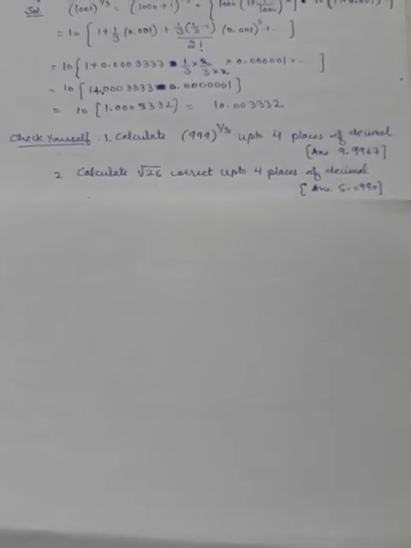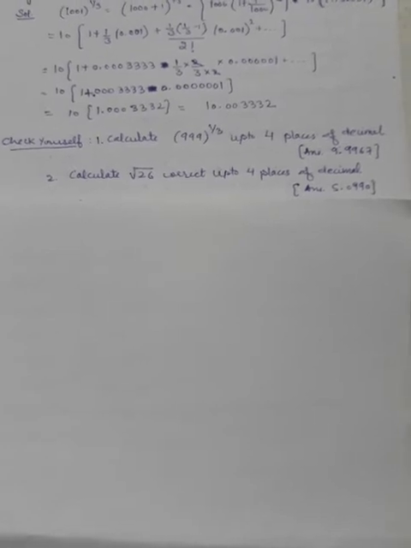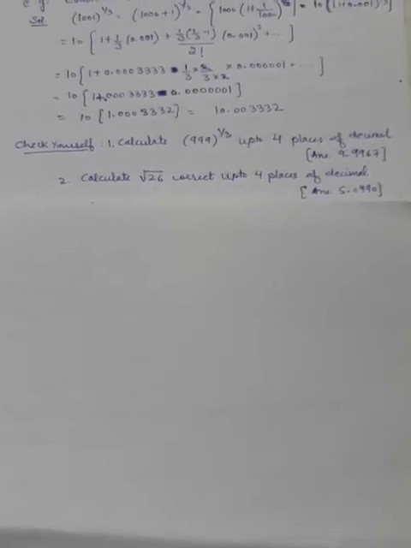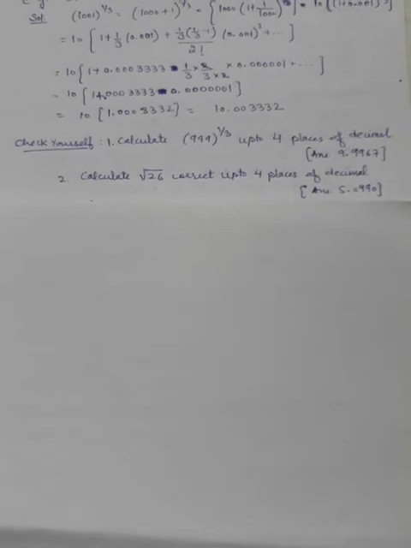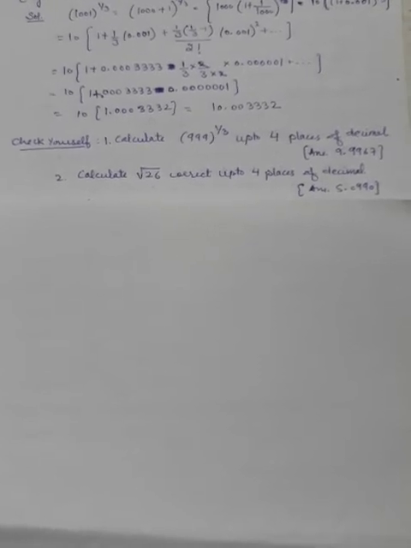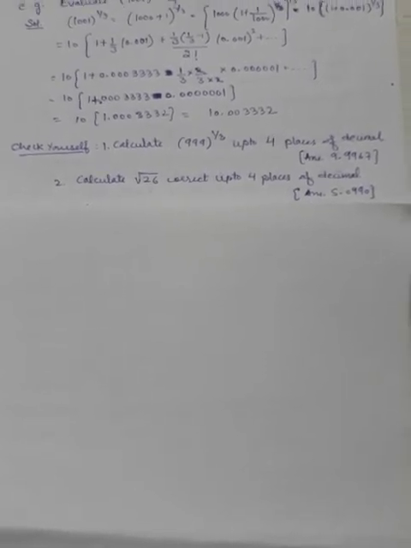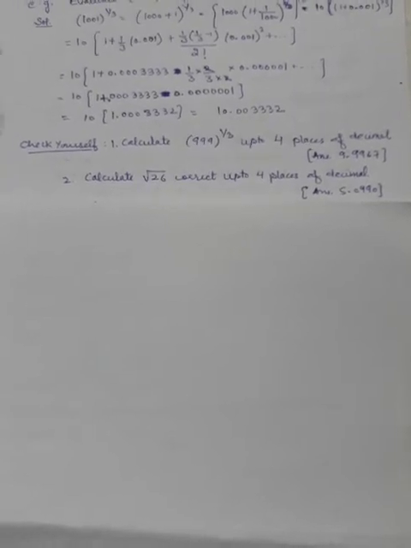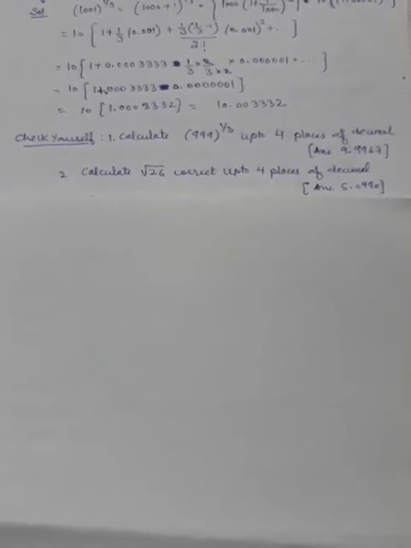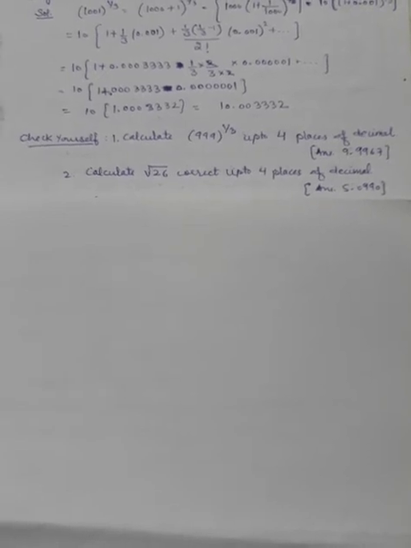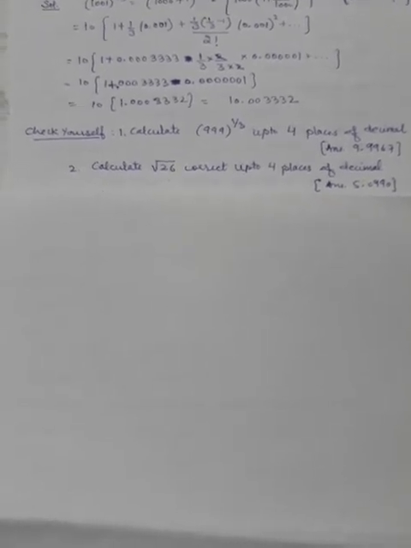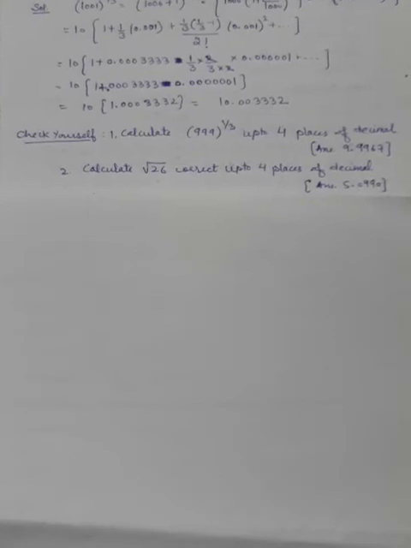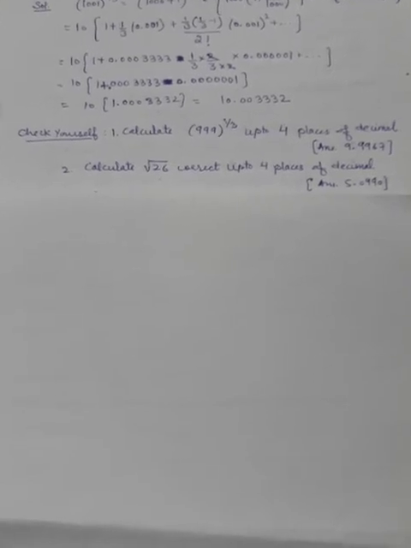So the very first thing is that you must convert these two numbers in the form of 1 plus x. So I think you might have got the idea, 999 can be written as 1000 minus 1, whereas 26 can be written as 25 plus 1. So calculate these and check whether you have got the right answer or not.